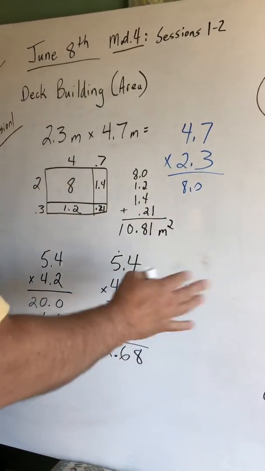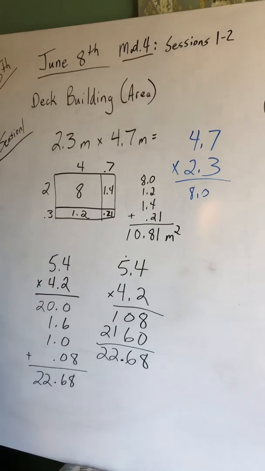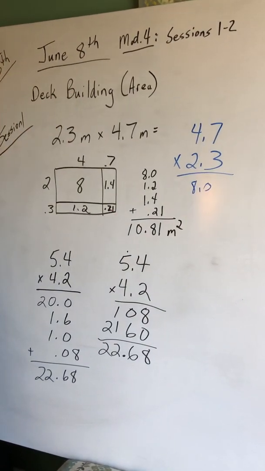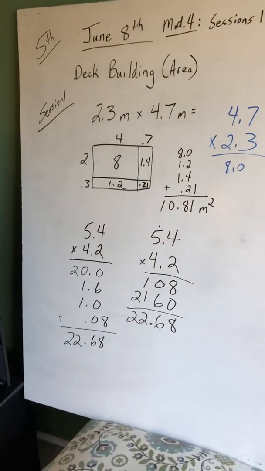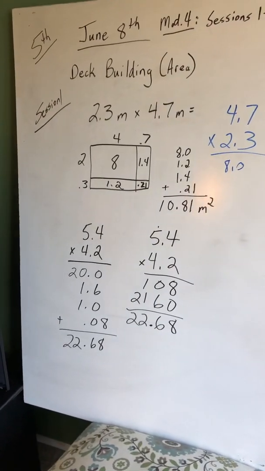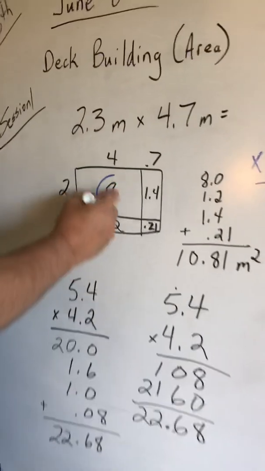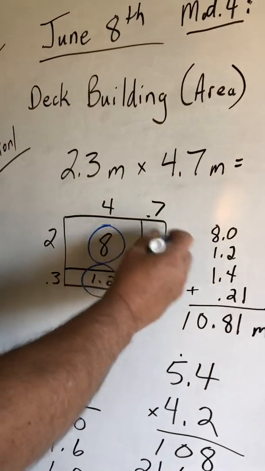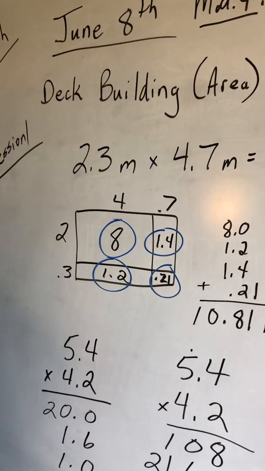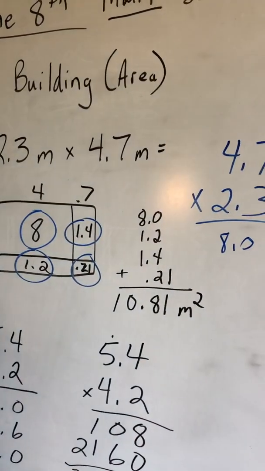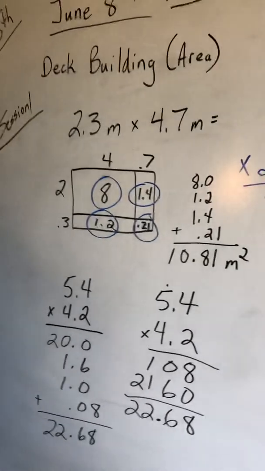I'm not going to go ahead and do it, because I did it down here. But there's several ways you can do this, and they want you to try them all. So you know that you add up these partial products. I know that could even go back to third grade. So you got 10.81 meters squared for that particular deck.